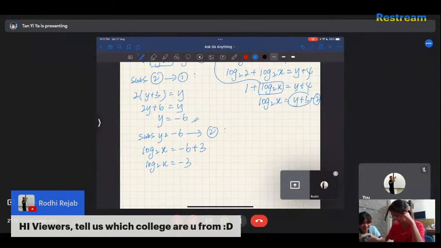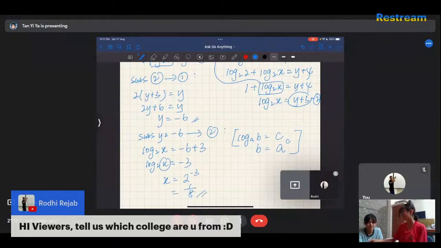Okay. So as we know that we have this equation, the value of b will be a to the power of c. So when we want to find the value of x, it equals 2 to the power of negative 3. So it will be 1 over 8. Yes, nice.